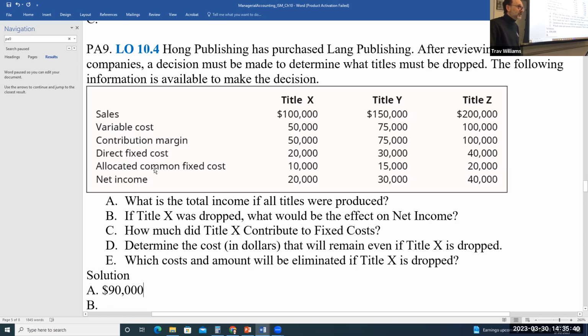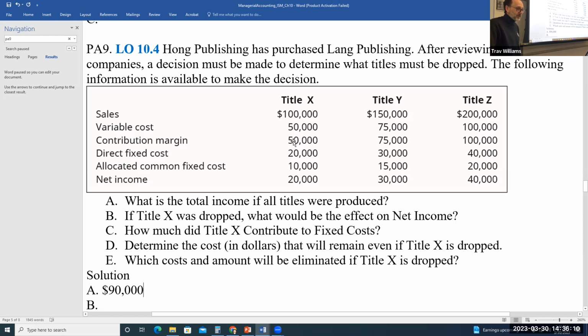Are we going to lose these fixed costs or not? The direct fixed costs seem to be directly associated with Title X. So those costs, if I'm interpreting this correctly, will go away. The allocated common fixed costs are not going to go away because those are just costs that corporate decided we were responsible for.